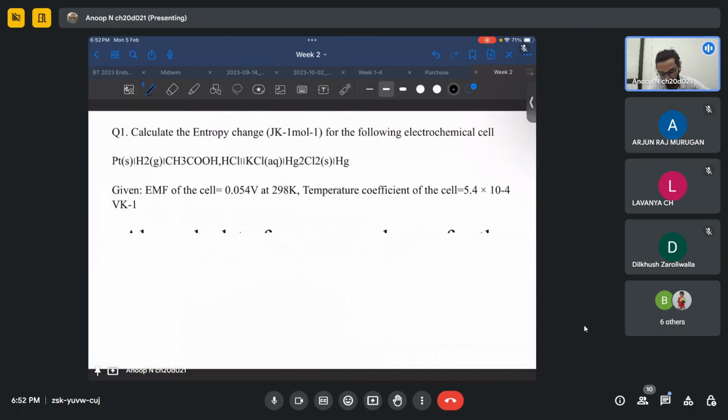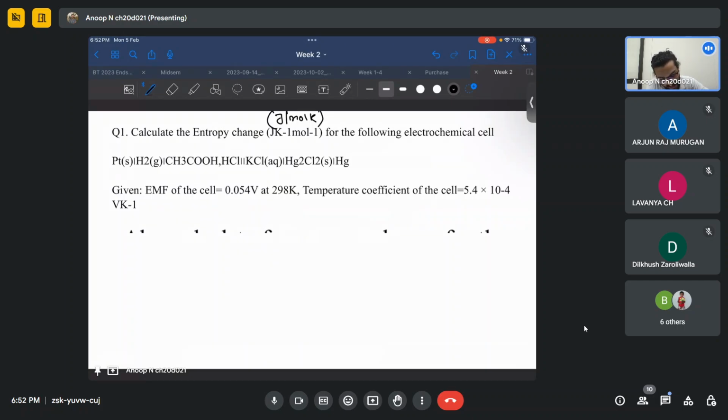Can one of you read the question? Please don't mind this kind of joule per mole Kelvin; when I'm converting it to my iPad, it's losing its compatibility. Can one of you read this question? Or I will read.